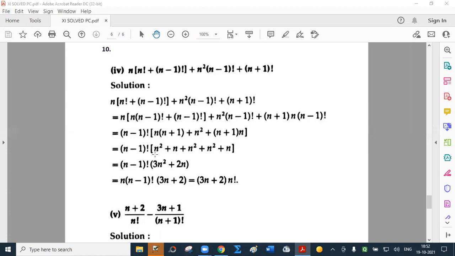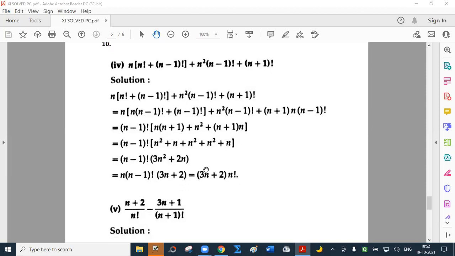Now this is nothing but n minus 1 factorial into n square plus n square plus n square plus n, that is 3n square plus 2n. So n into n minus 1 factorial into 3n plus 2. Now factorial of any number into the immediately next number is factorial of the next number. So it is 3n plus 2 into n factorial.